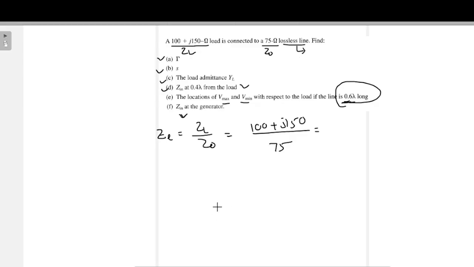After calculating, this value comes as 1.33 plus j2.